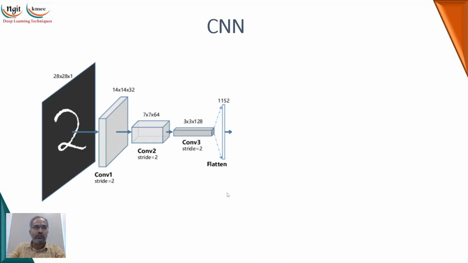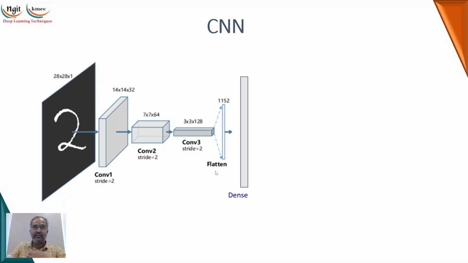Now, already we know the CNN, convolutional neural network. In a convolutional neural network, we take an image and add some convolutional layers and subsampling, and there may be a combination of subsampling, convolution, and of course, if you want, batch normalization. All these combinations we can use, and finally we go with the flattening layer.